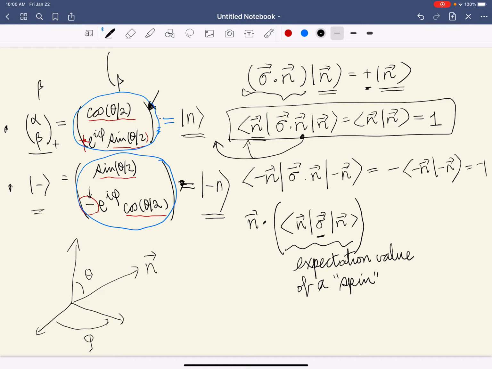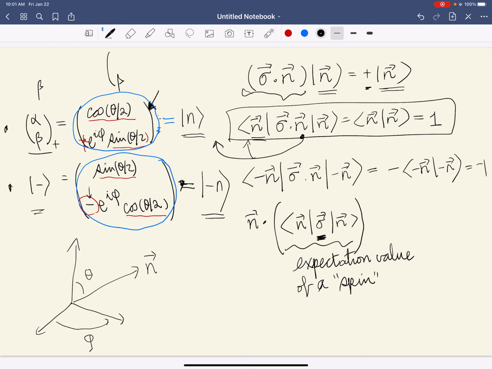Any sort of quantum system that's described in terms of two-level quantum mechanics is a kind of a spin. Okay, and this sigma then can be thought of as some sort of a vector representing the spin orientation.